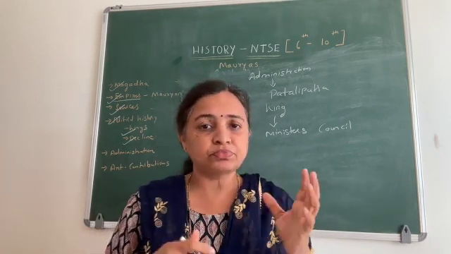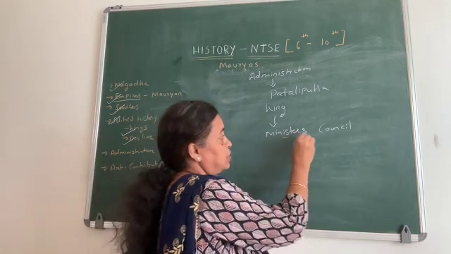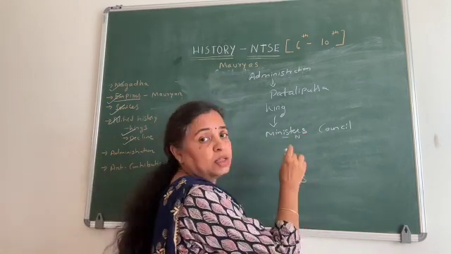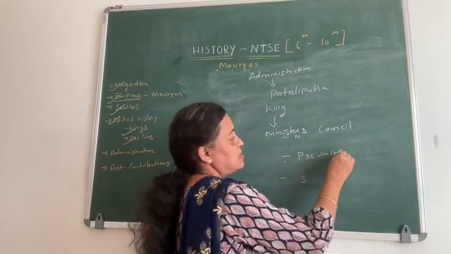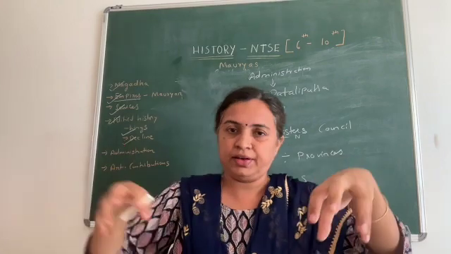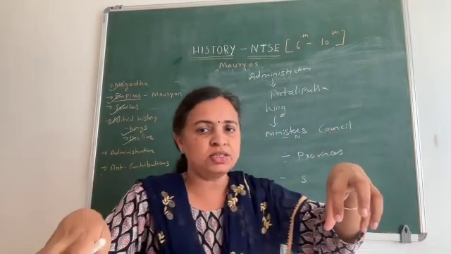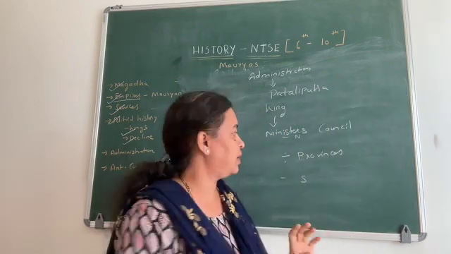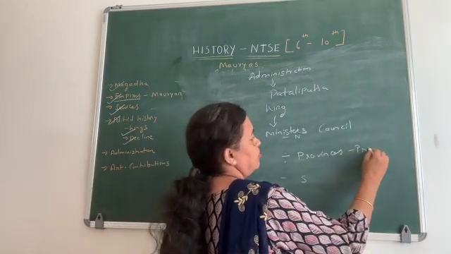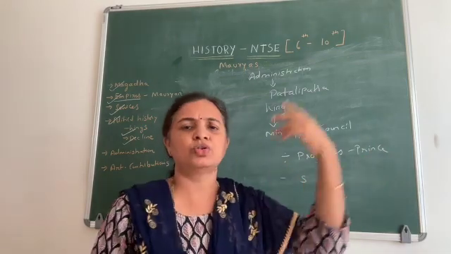Then his region extended from north to south, right? It was divided into provinces. Provinces means different regions, and each province was ruled by a prince or an important official. The prince used to report to the king.